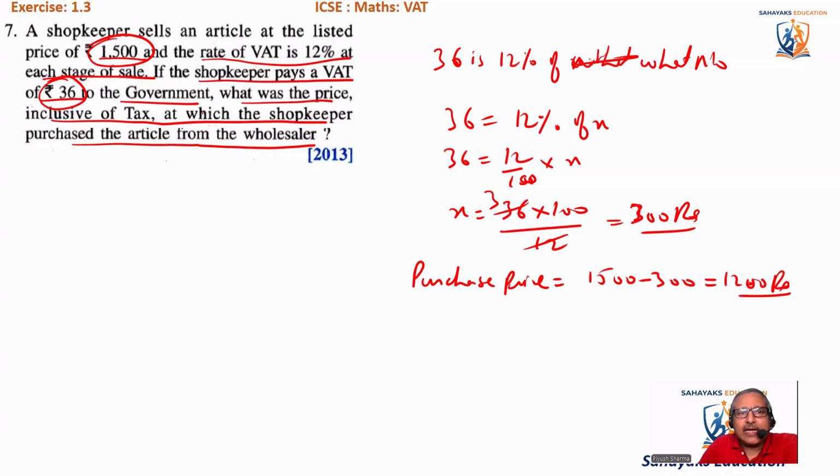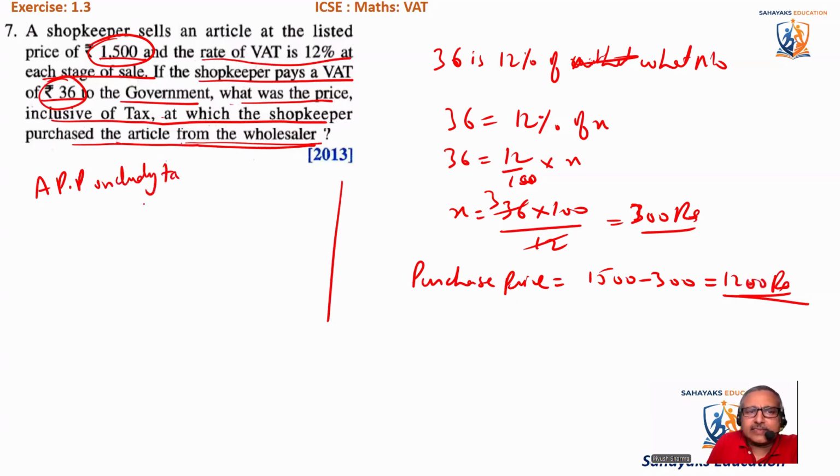Now they want to know the price inclusive of tax at which the shopkeeper purchased the article from the wholesaler. So they want to know the amount at which the shopkeeper purchased that particular product. He purchased for 1,200 rupees plus tax, right? So his actual purchase price including tax comes out to be 1,200 plus 12% of 1,200.